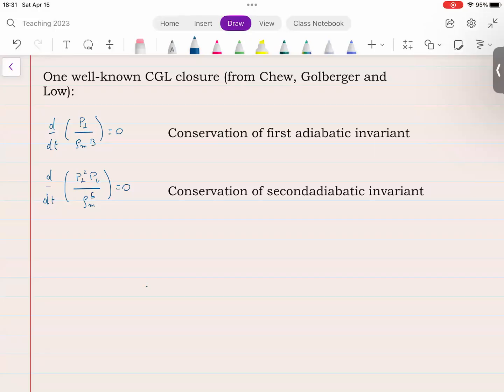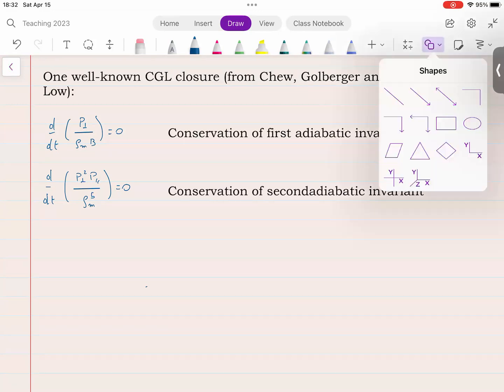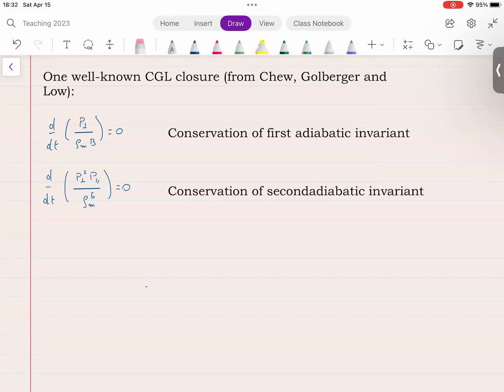Okay, but before we move to anything else, I will just mention that the second closure equation is often written in a different way.